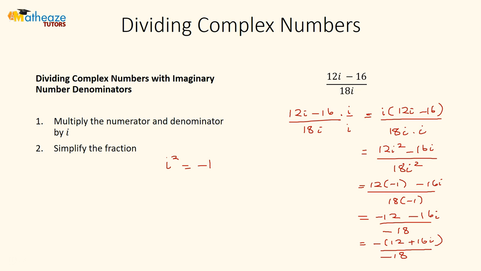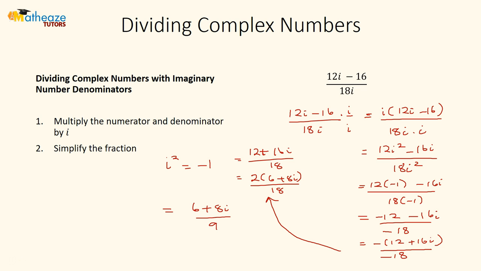So we now have 12 plus 16i over 18, which is going to give us 2 times 6 plus 8i over 18, which is equal to 6 plus 8i over 9.